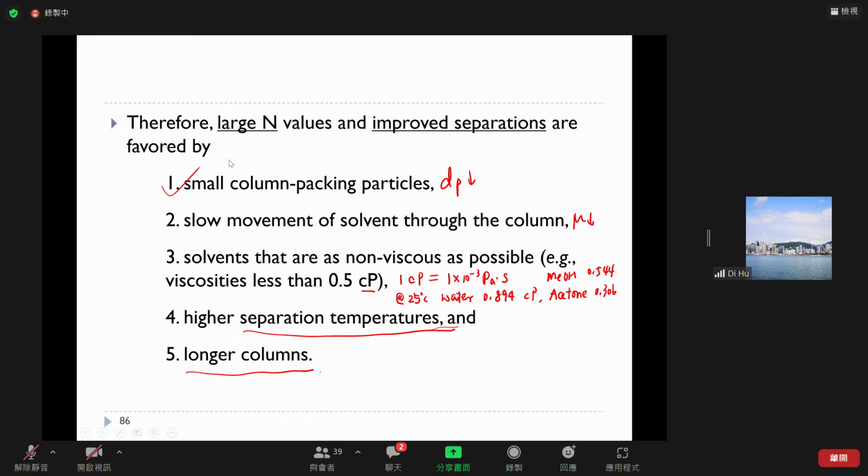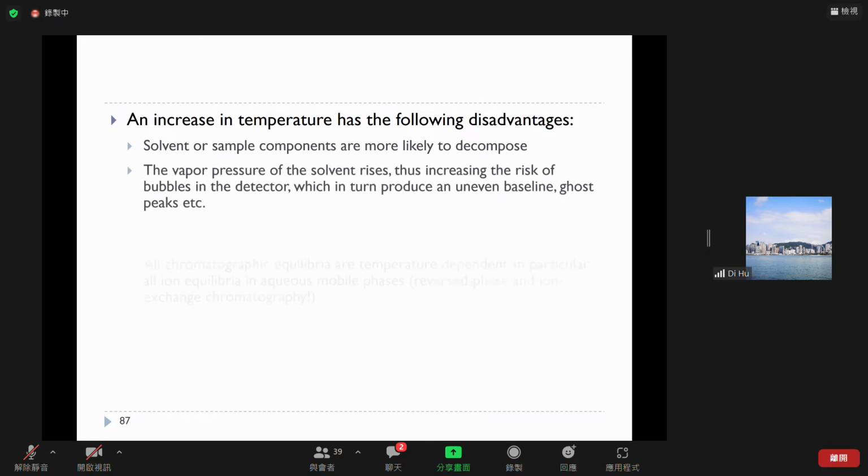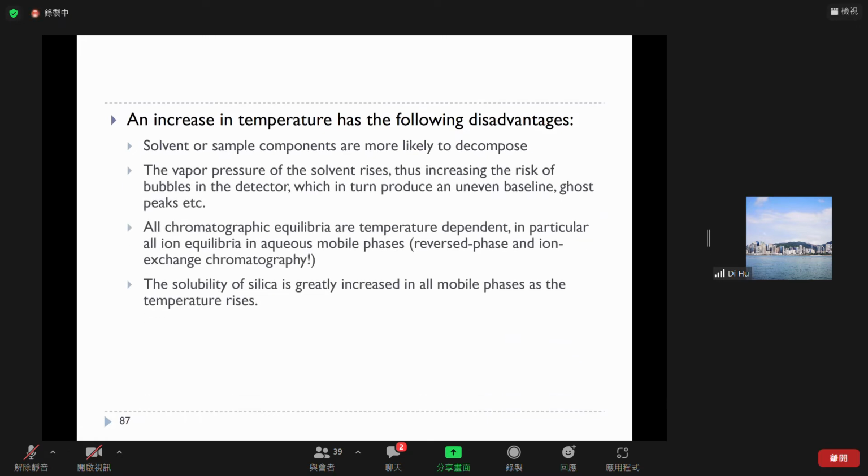Let me show you the influence of increasing temperature. Increasing the temperature can speed up the separation, but it also has some disadvantages. For example, if the solvent or sample components are thermolabile, they may decompose, right? Also the vapor pressure of the solvent rises.